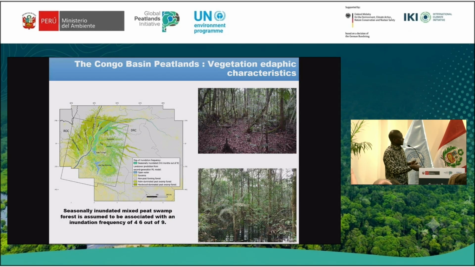Within that area, we also have seasonally inundated mixed forests that form the peatlands, and they are inundated about 4 to 6 months out of 9 months of the year. And you can see here this is during the dry season and how it looks during the rainy season.